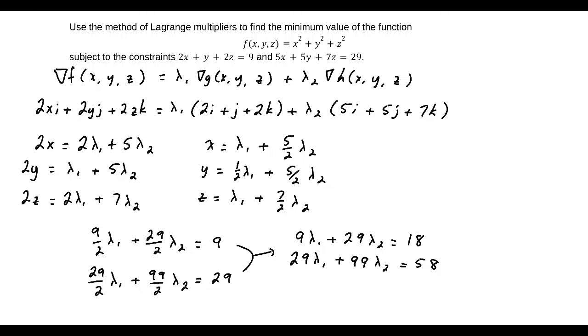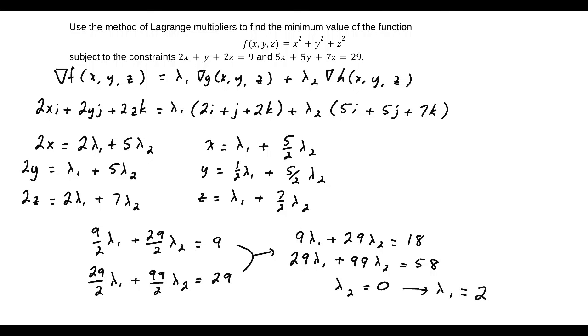Now, eliminating one variable, I multiplied my first equation by negative 29 and my second equation by 9. This leads to the fact that lambda 2 is equal to 0. And using any of these relationships, you can then see that lambda 1 is equal to 2.